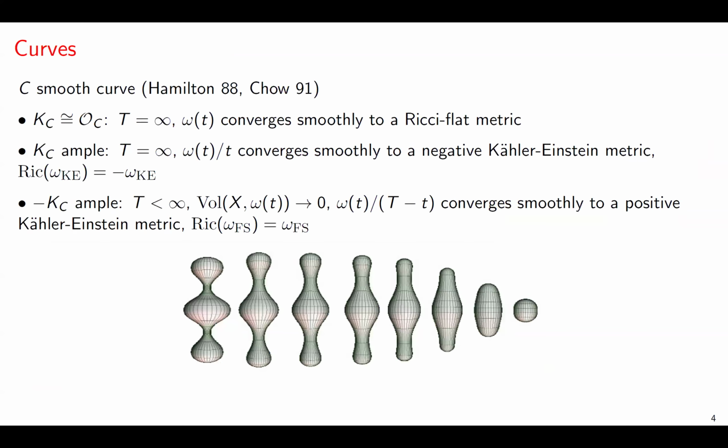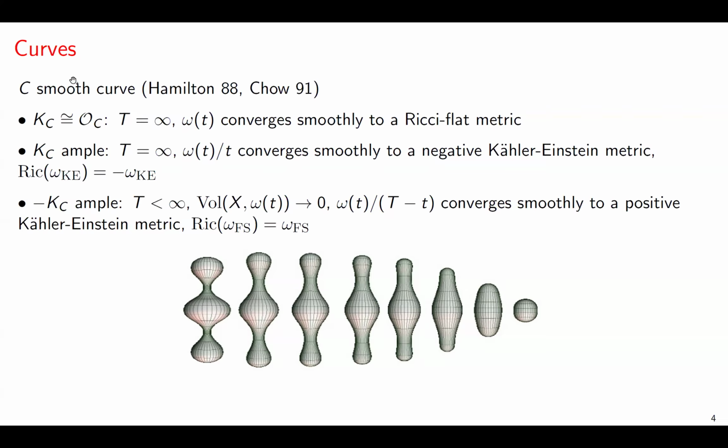So one should start from the easiest case, which is when C is a curve, so complex dimension 1. This was solved by Richard Hamilton and Ben Chow in the late 80s, early 90s. So there are three possibilities according to the positivity or negativity of the canonical bundle. Here I put them in an arbitrary order. One case is when the canonical bundle is trivial, so the curve C is an elliptic curve.